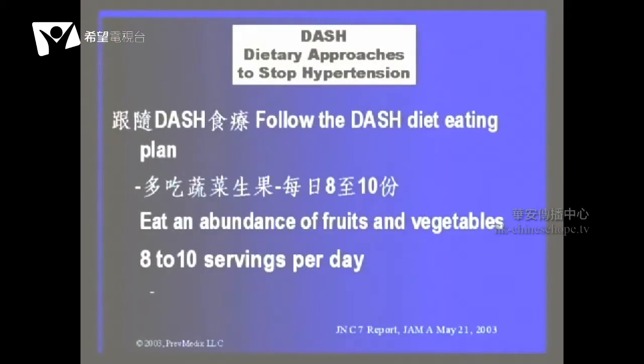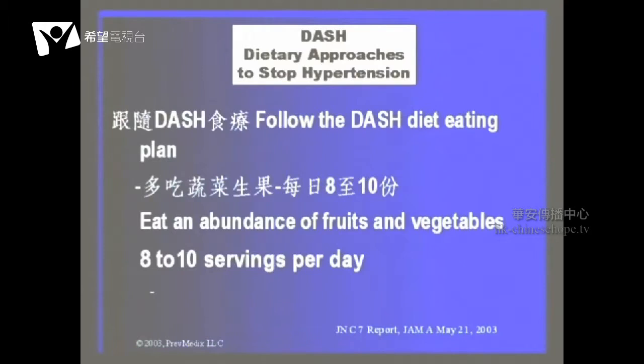So the new advice for controlling hypertension is what we call the DASH diet. DASH means dietary approaches to stop hypertension. One of the characteristics of this diet is to eat 8 to 10 servings of vegetables and fruits per day.